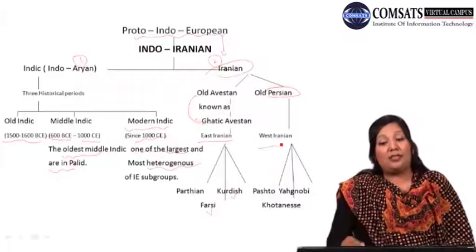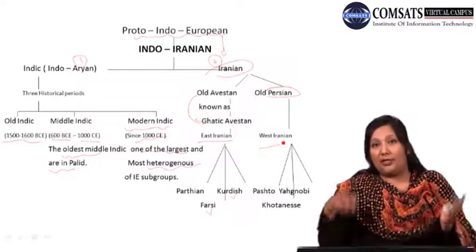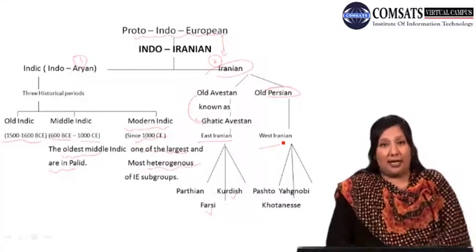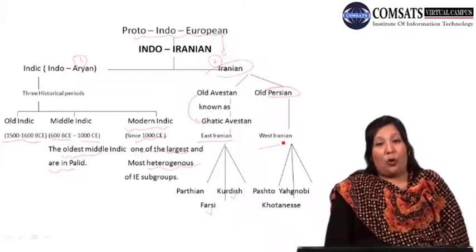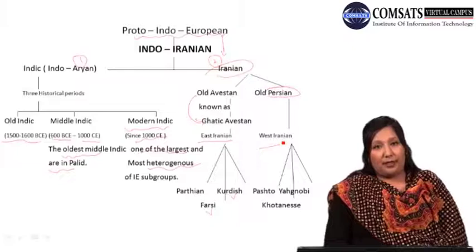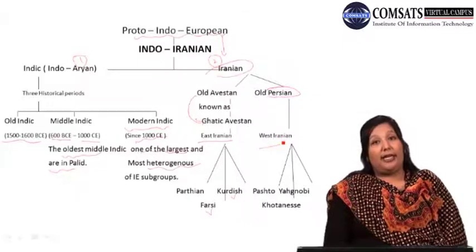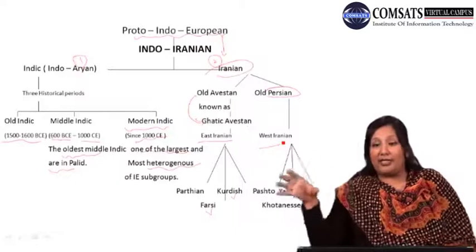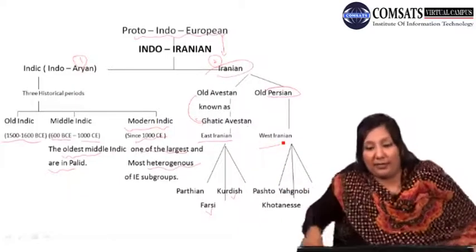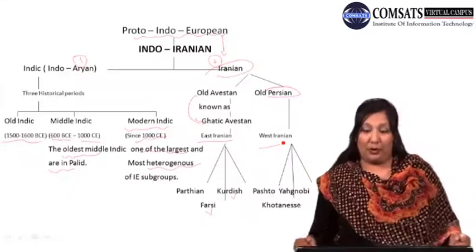Earlier, the first language we discussed in the sub-branch of Iranian was Old Avestan, spoken in the East, an East Iranian language. Now we are looking at the western part of Iran, and West Iranian is known as the Old Persian language.